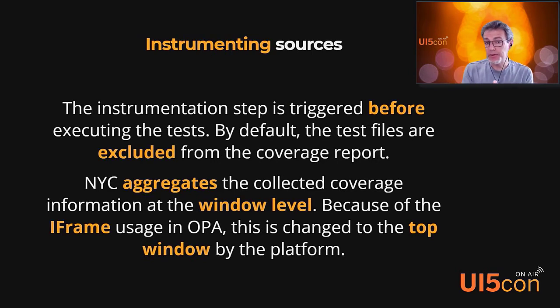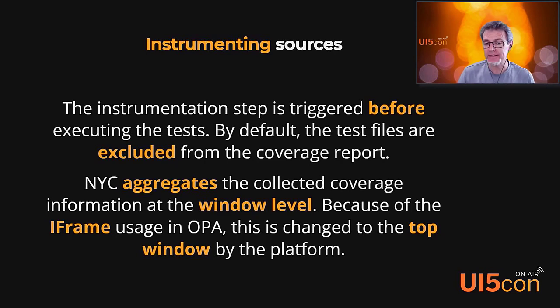So instrumentation has to be done before executing the test, obviously. But the one challenge that I faced here is that by default, the instrumentation of the code aggregates the code coverage information at the global object level, which inside the browser means the window.